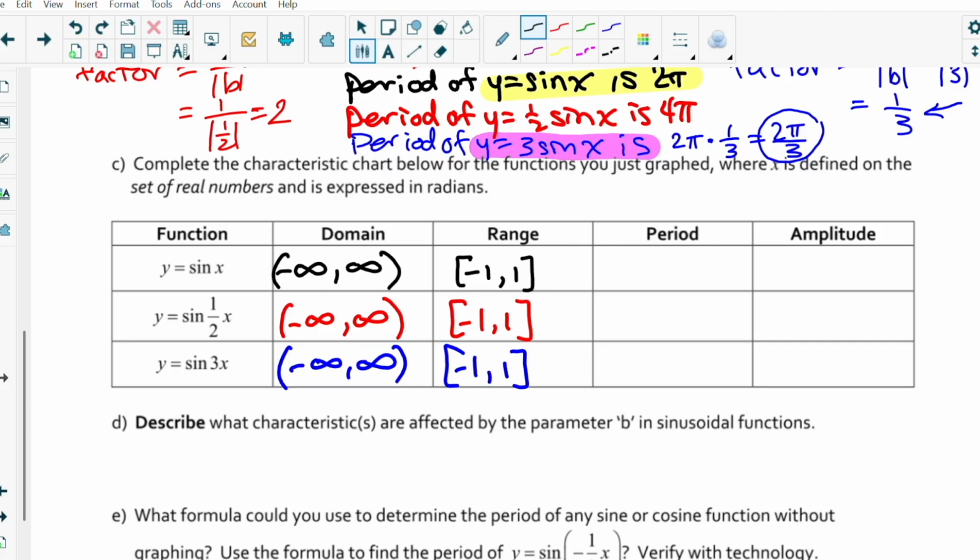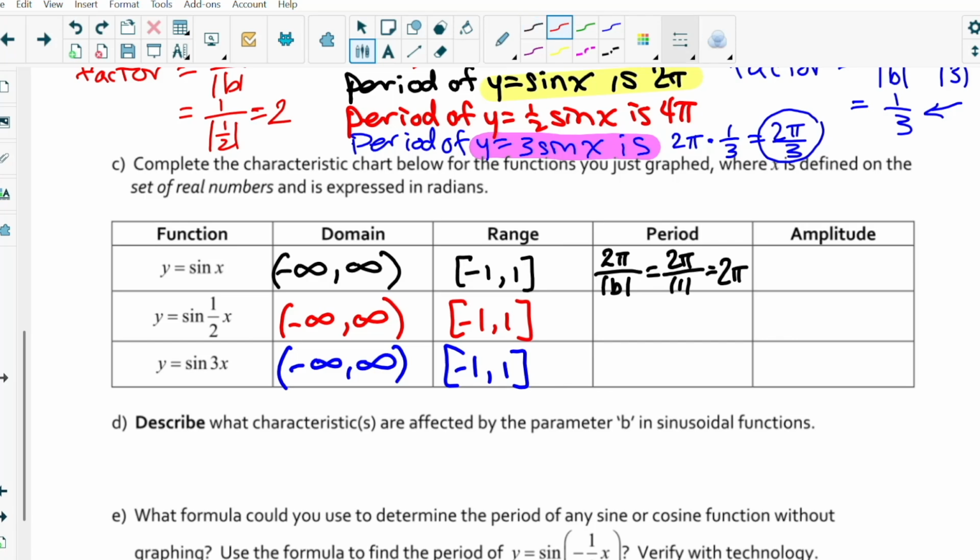What about the period? Period, we can show as a formula. I know it's 1 over the absolute value of b, but when it has to do with trigonometry and a sine or cosine function, we modify it slightly by saying 2 pi over the absolute value of b. In this case, it's 2 pi over the absolute value of 1, which is just 2 pi.